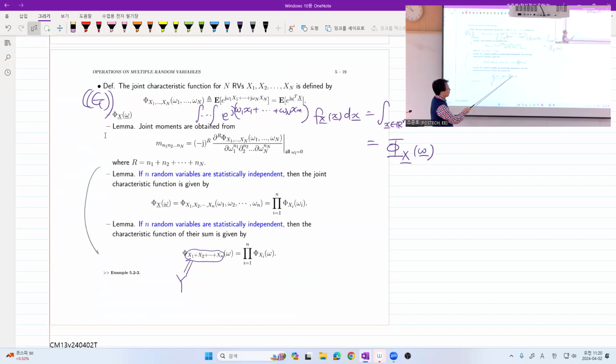So this case and that case look very similar, but completely different. This is the joint characteristic function of independent random variables. So individual characteristic function has its own variable omega sub i, but this is the characteristic function of a single random variable y that happens to be the summation of independent random variables. So you have the product of the characteristic functions evaluated at the same omega. Got it?